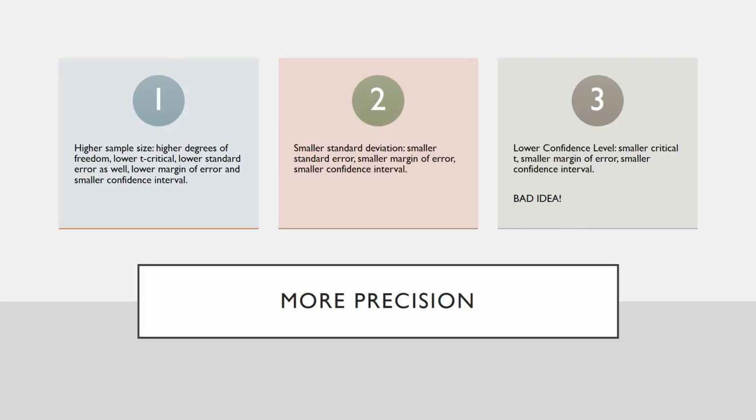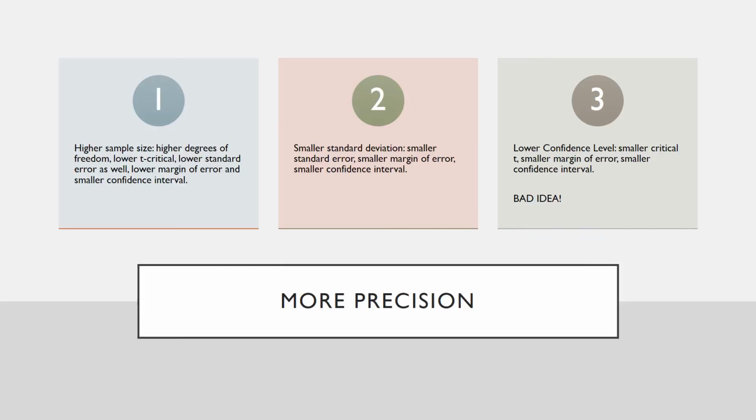Because you don't know how many inches they were. You know that it's between 5 and 6 feet, but you can't get very precise because you never measured the inches. But if you measured the inches, then you can get more precise. So just be more precise in your outcome variable, then you're going to have a smaller standard deviation, and that's going to end up making your confidence interval smaller.